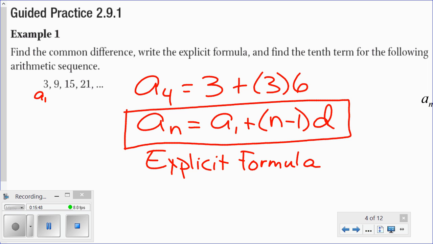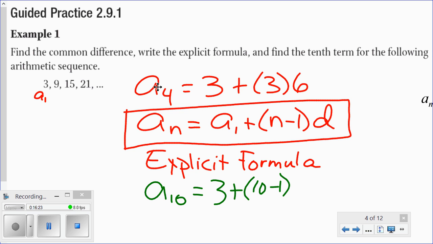All right. So, in this case, let's find a sub 10. We could pick up our calculator and go 21 plus 6, plus 6, plus 6, plus 6, but we're not going to do that because we have this cool formula we can use now. So we're going to take a sub 10, take our a sub 1 value, what's our very first value? 3, plus 10 minus 1, right?